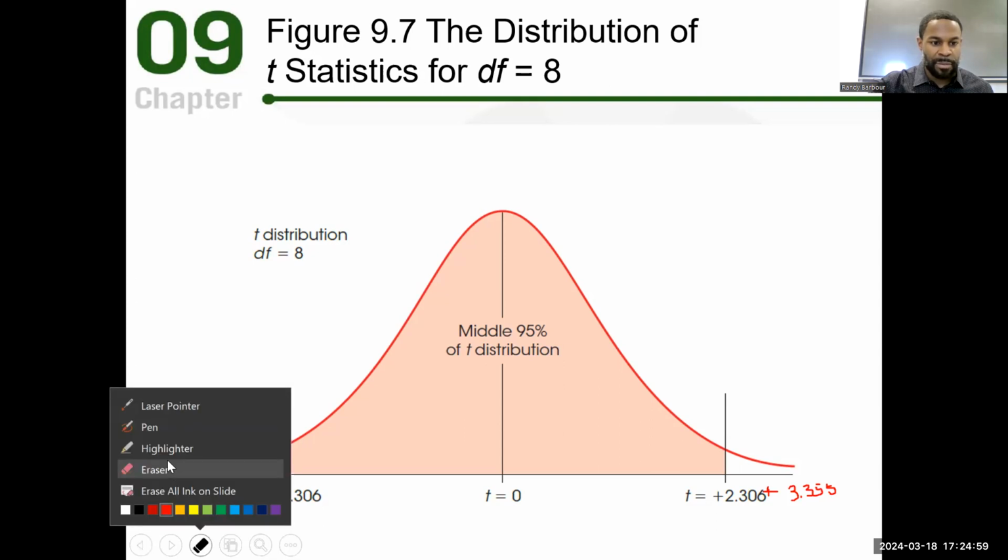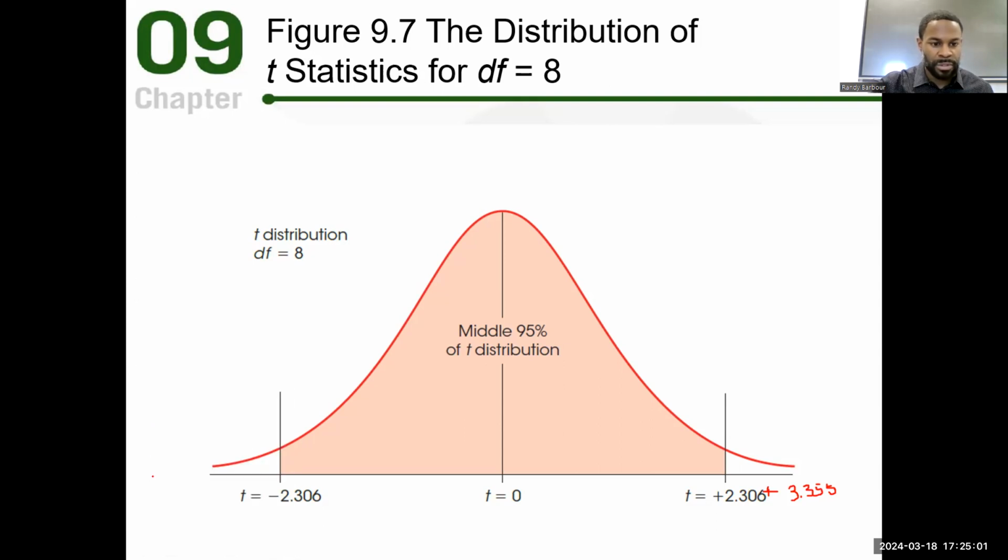Let me see if I can do it one more time. Okay, so now this becomes the shaded region, and this is a 99% confidence interval.